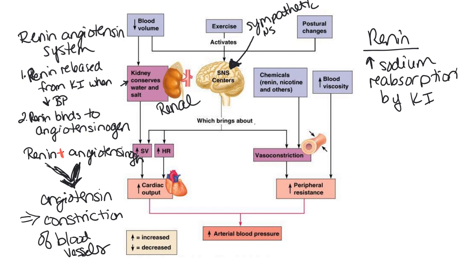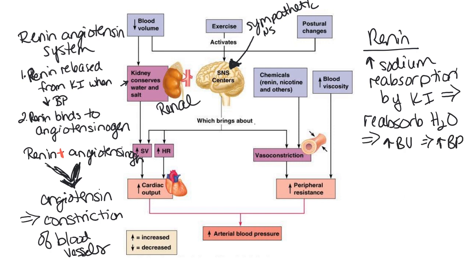So the renin encourages that sodium reabsorption in the kidneys, and the result is that instead of putting more water into the urine, we reabsorb more water, which is going to increase our blood volume, which will in turn increase blood pressure. Again, this was released in response to a drop in blood pressure.